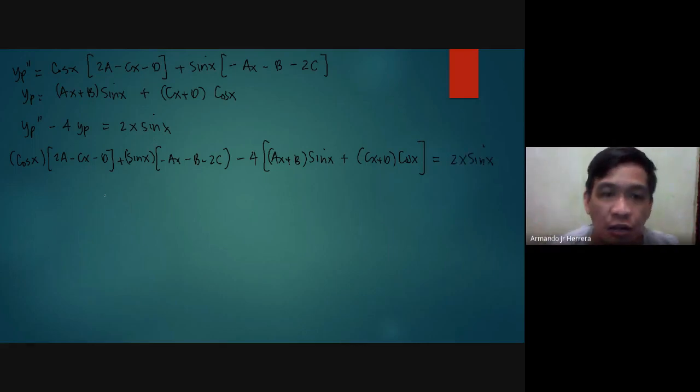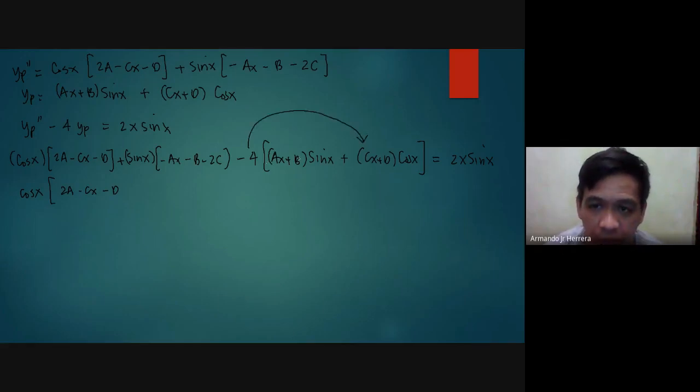Okay, so let us try to combine like terms. First, all those with cosine of x: that's 2a minus cx minus d. All those with cosine, negative 4 precedes. So, distributing, it becomes negative 4cx minus 4d.